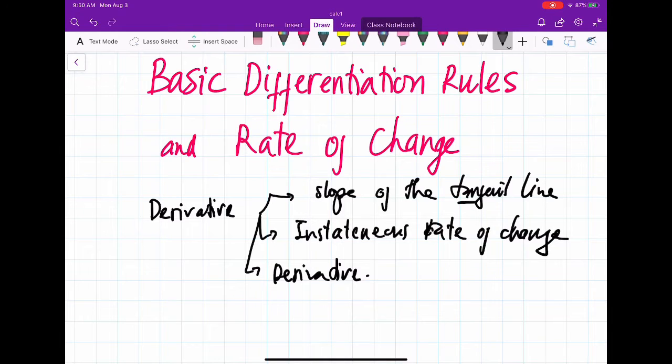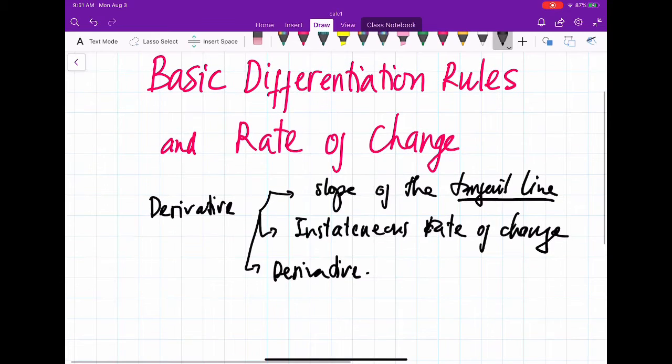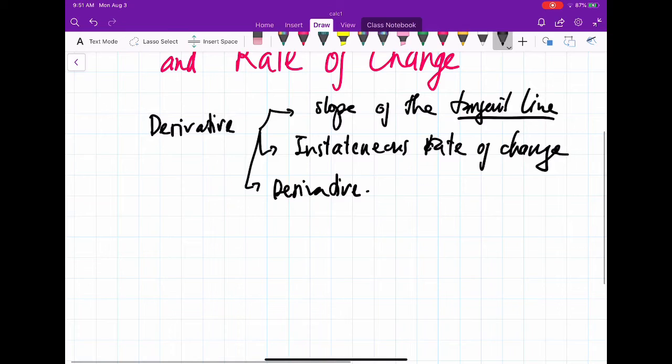We need to solve the tangent line, and in that section we study the derivative of some specific power functions. We study x squared, x to negative 1, and x to 1.5.